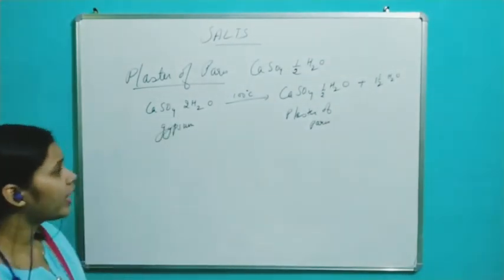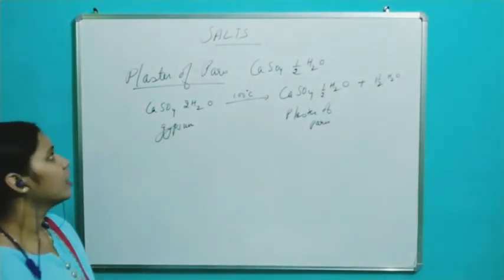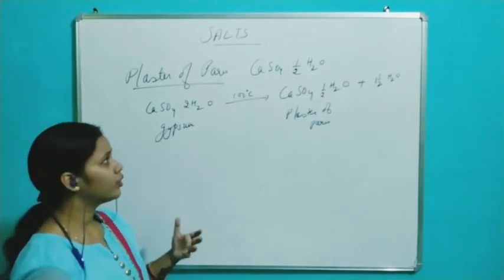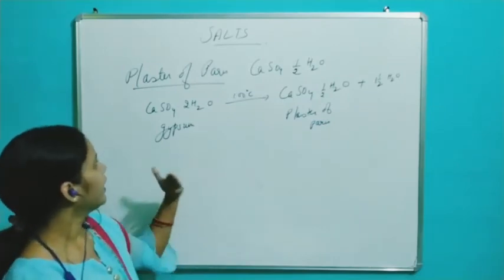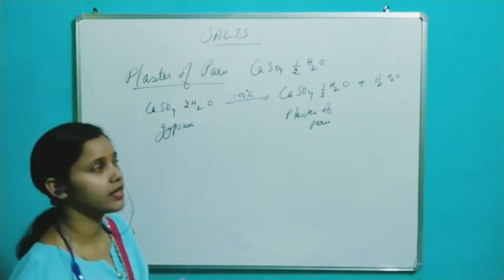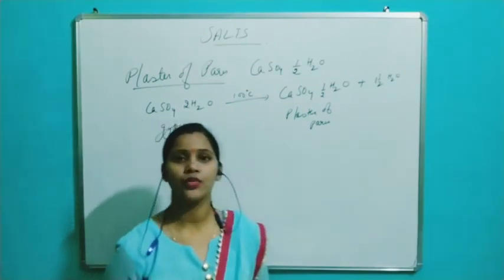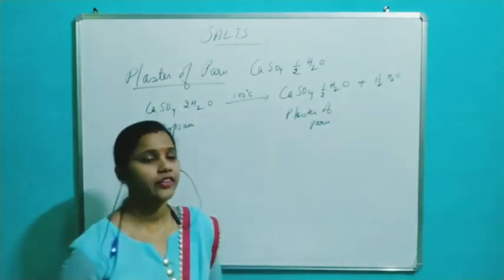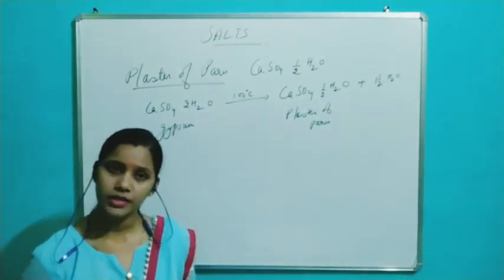This reaction is carried out under controlled conditions, because if the gypsum is heated above 100 degrees Celsius, it will lose all its water of crystallization and form anhydrous calcium sulfate.